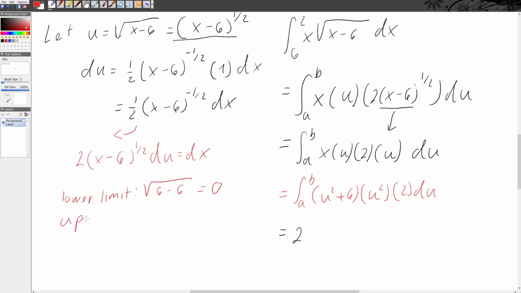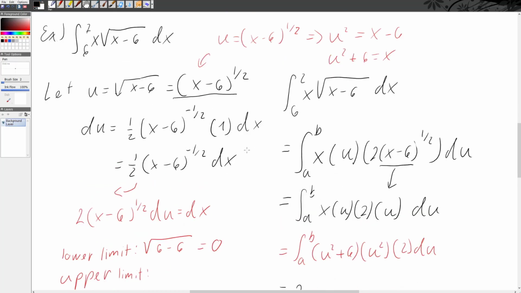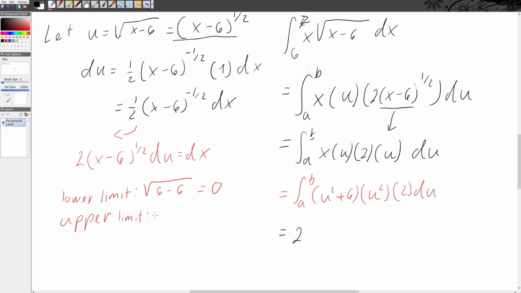The upper limit is going to be given by, that's a 7, the square root of 7 minus 6, which is equal to just 1. So here we have the integral from 0 to 1 of u to the 4th plus 6u squared du.